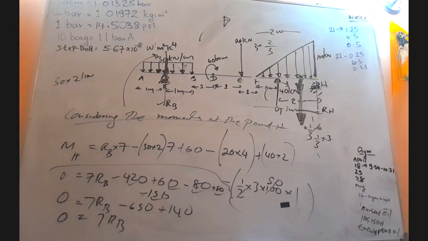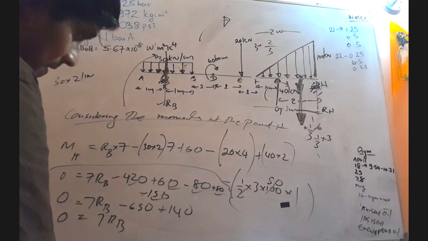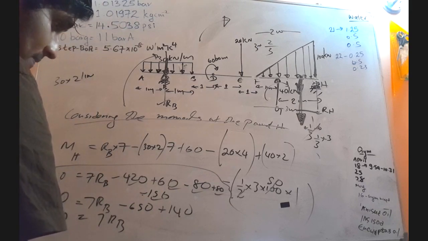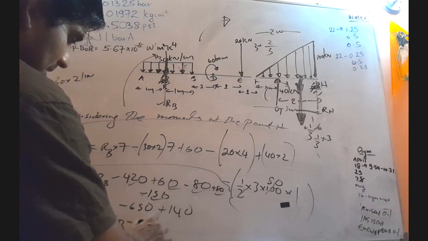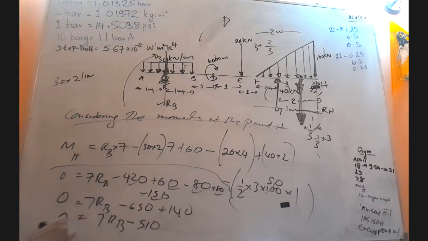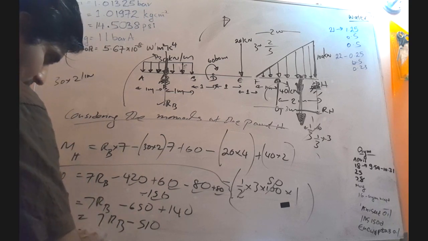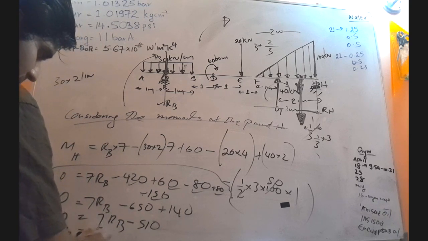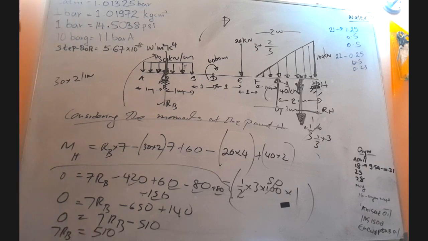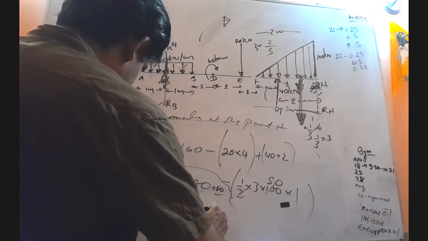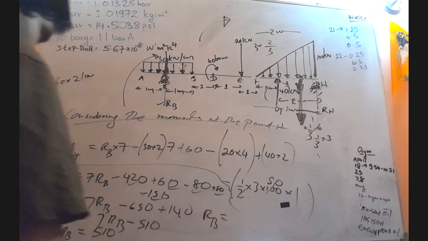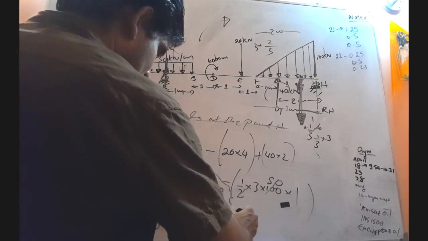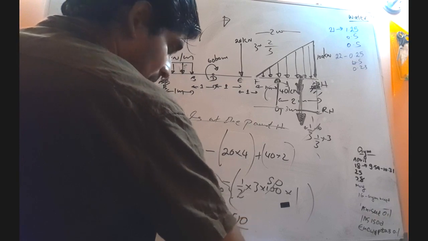That means 550, minus 510. So then 7 RB equals 510. So then what is RB? RB will be 510 divided by 7.